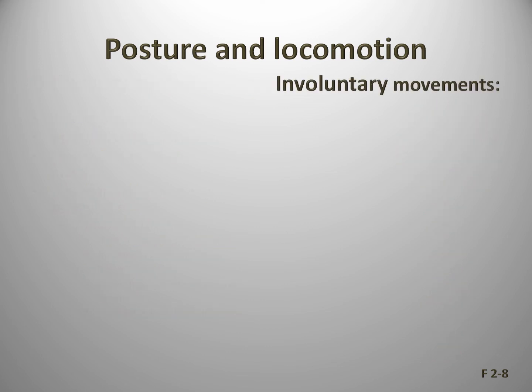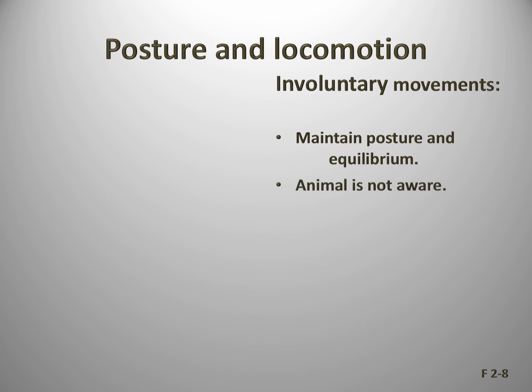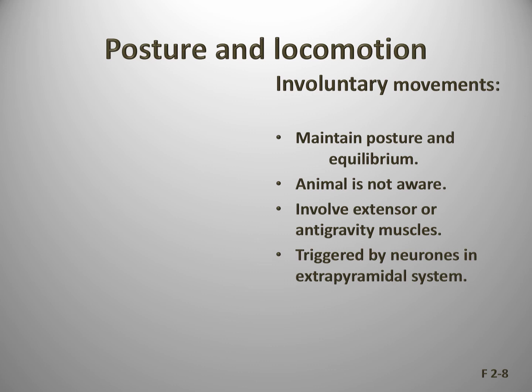The involuntary movements are responsible for maintaining posture and equilibrium. They occur constantly, and the animal does not have any idea that they are taking place. They involve extensor or anti-gravity muscles, as we discussed under the stretch reflex. And they are executed through neurons in what anatomically is described as the extrapyramidal system.